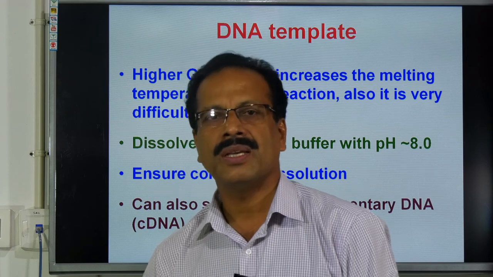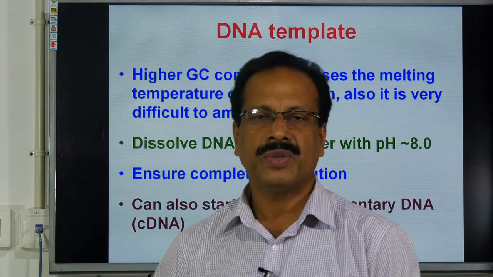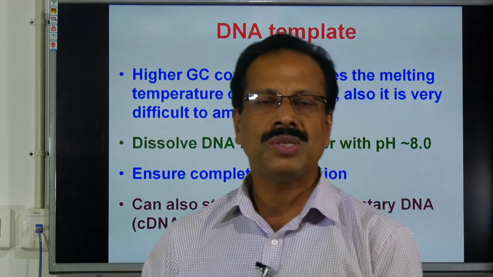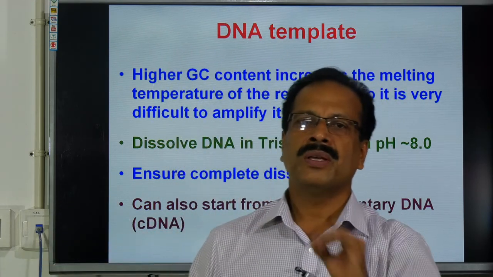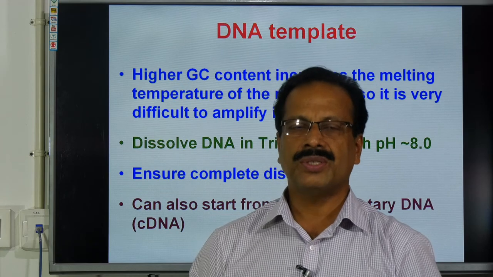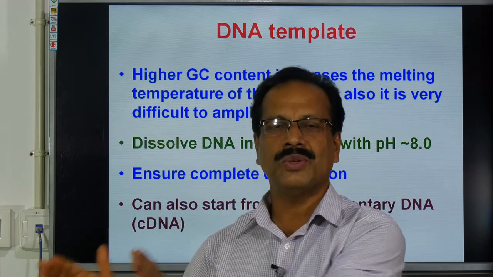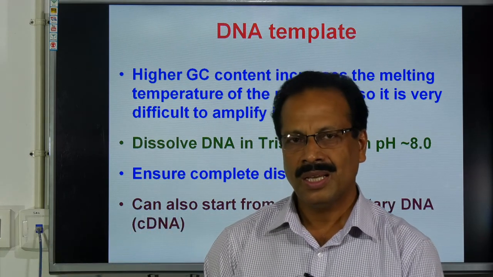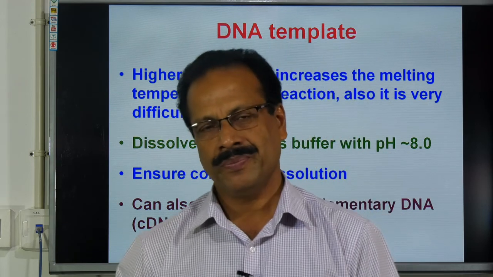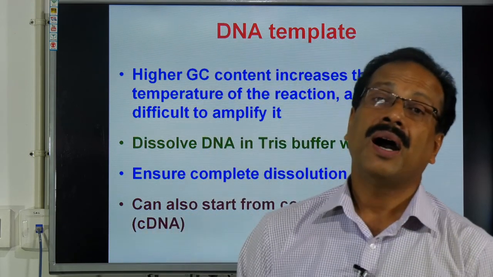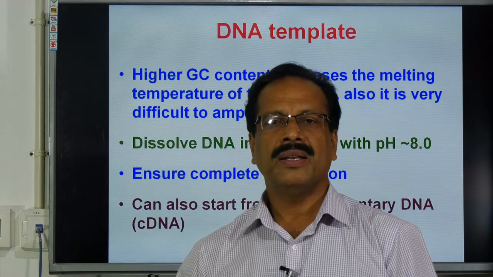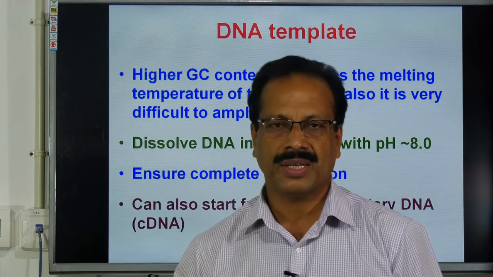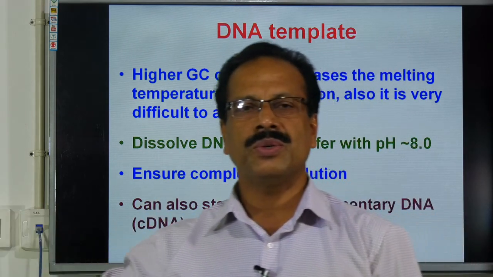Before that, you have a separate reaction, reverse transcription. You are producing DNA from mRNA. You are using the reverse transcriptase enzyme, providing the optimum conditions, and you convert the mRNA into complementary DNA. Short form we call it cDNA. So you can take either pure mRNA, or you can take the whole RNA and do a reverse transcription reaction and convert all the mRNAs into DNA.